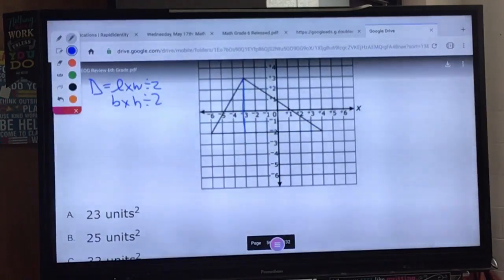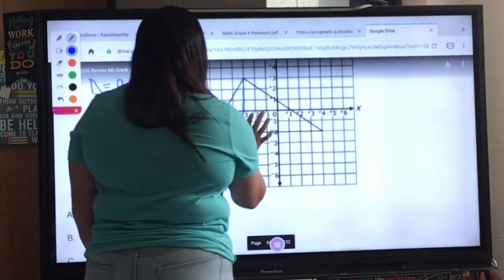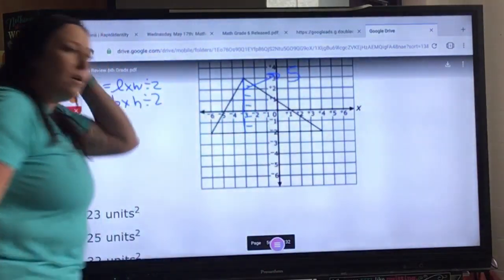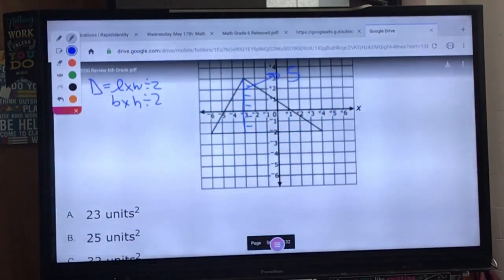We know that that is going to represent our height. We have 1, 2, 3, 4, 5. So this is 5. How do I find my base? What do I have to do to find my base? Leo, what do I have to do to find the base?